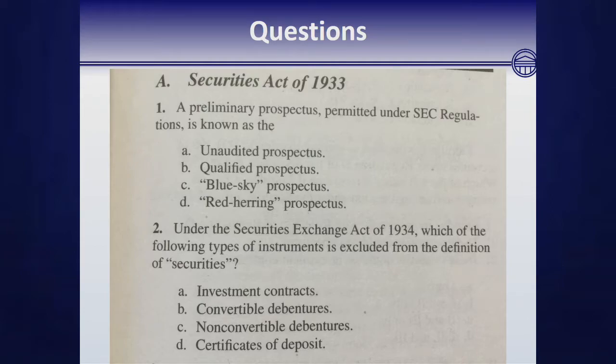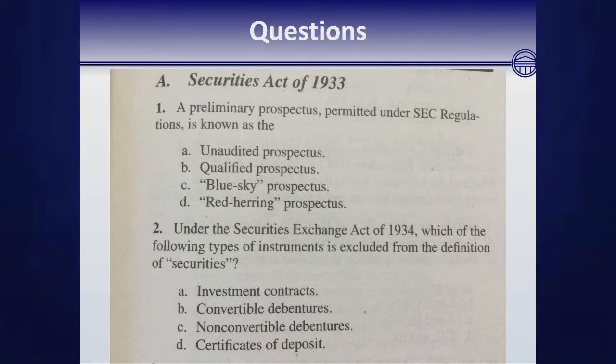A red herring was something that a criminal used, when he was being pursued by the law, to escape the hounds who were also with the sheriff or whomever was chasing the criminal. So what a criminal did was they put this really smelly fish on the end of a rope and they dragged it behind them to throw the hounds off their scent. Anyway, a preliminary prospectus permitted under the Securities Exchange regulations is also known as a red herring prospectus.